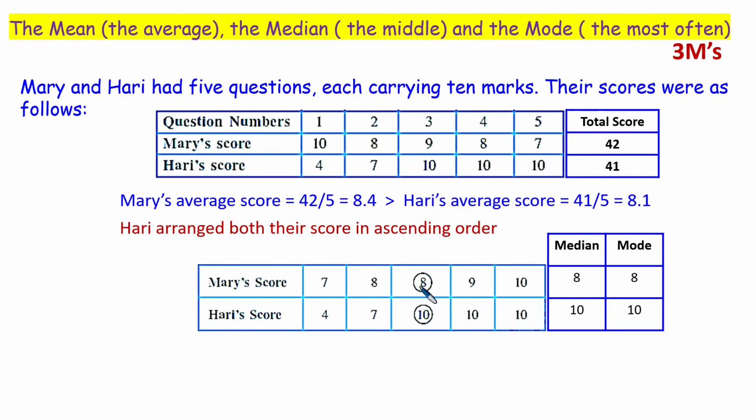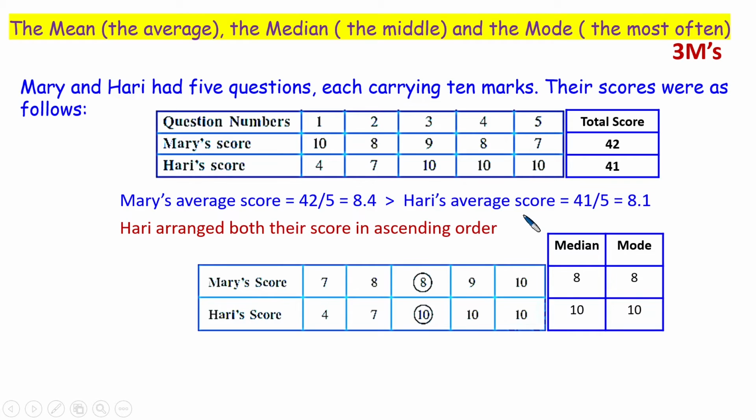Okay, and for the mode, you see here, she gets 8 two times, so that is the maximum frequency, so he writes mode is 8. And for Hari he says, see, my median is 10 and I have got this 10 many times. So my mode is also large, my median is also large, both are 10.